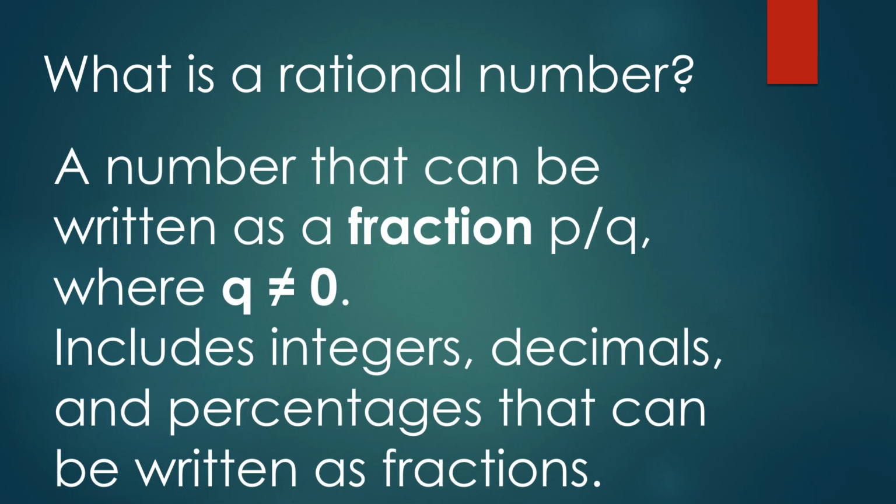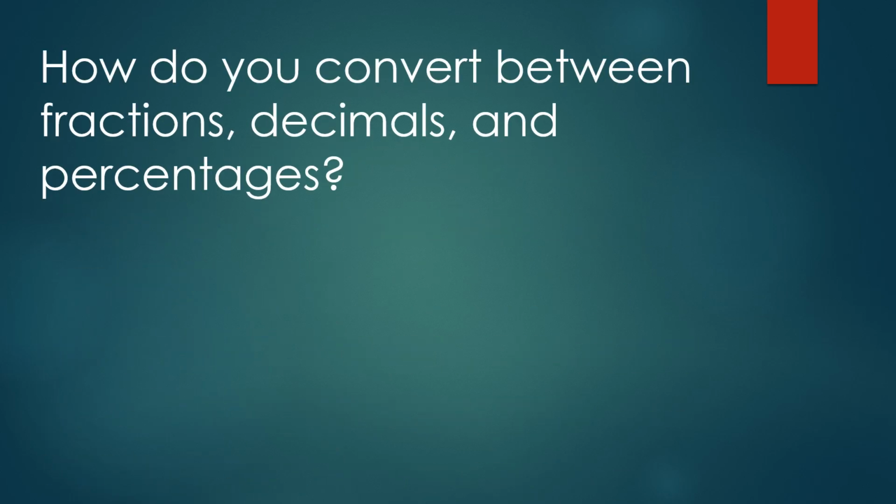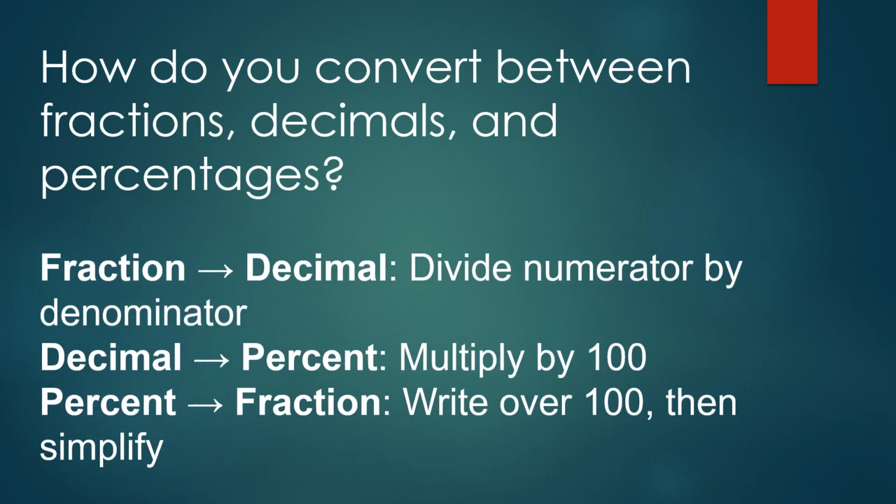Next, again, what is a rational number? It is a number that can be written as a fraction P over Q, where Q is not equal to 0. It includes integers, decimals, and percentages that can be written as fractions. Next, how do we convert between fractions, decimals, and percentages?